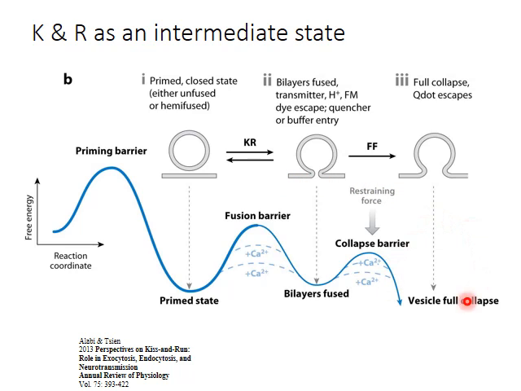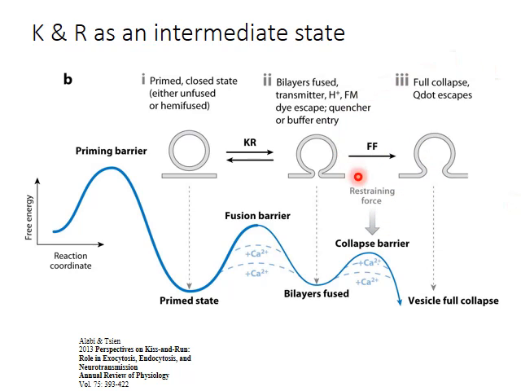However, a different set of calcium-sensitive events might, or additional zippering of additional SNARE complexes, at least 3 are needed, if not more, and if that occurred, then the vesicle would proceed from this intermediate state to the full collapse and fusion.